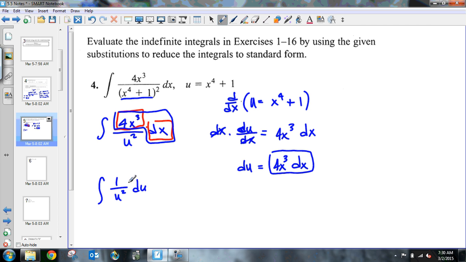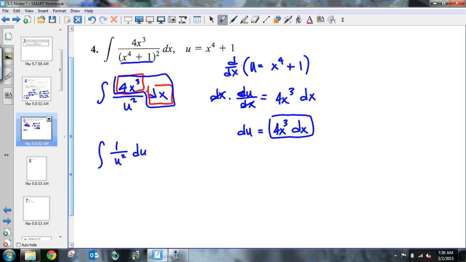Now, all I'm trying to do is calculate the antiderivative of this, and it kind of looks like something I can take the antiderivative of. Let me continue to rewrite it so we can take the antiderivative. If I integrate u to the negative 2 du, then this is something that I can integrate. But I have to have everything in terms of u before I can actually integrate this.